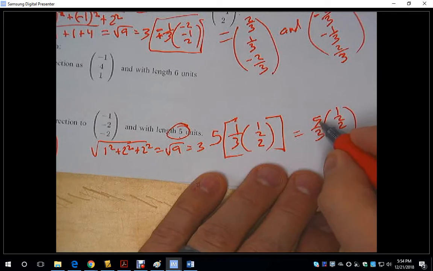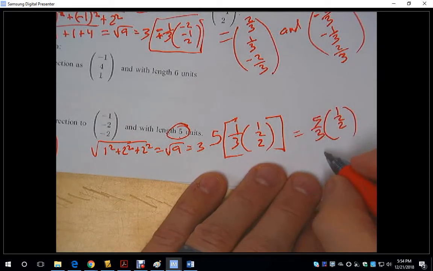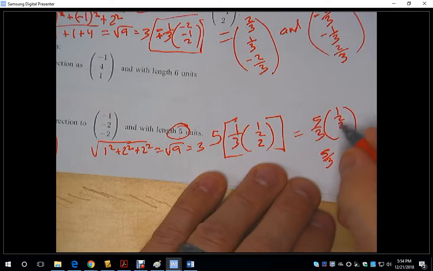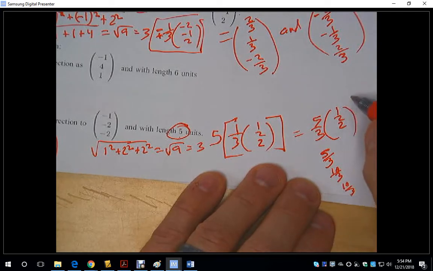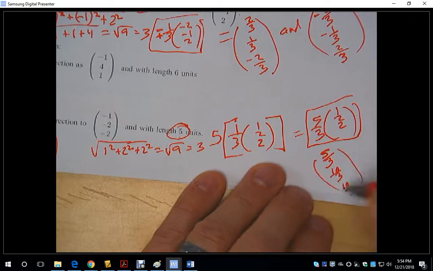So this now is a vector of size 5. So 5/3 times 1 gives us 5/3. 5/3 times 2 gives us 10/3. And 5/3 times 2 gives us another 10/3. So I'm okay with this being your answer, but this is also our vector here.